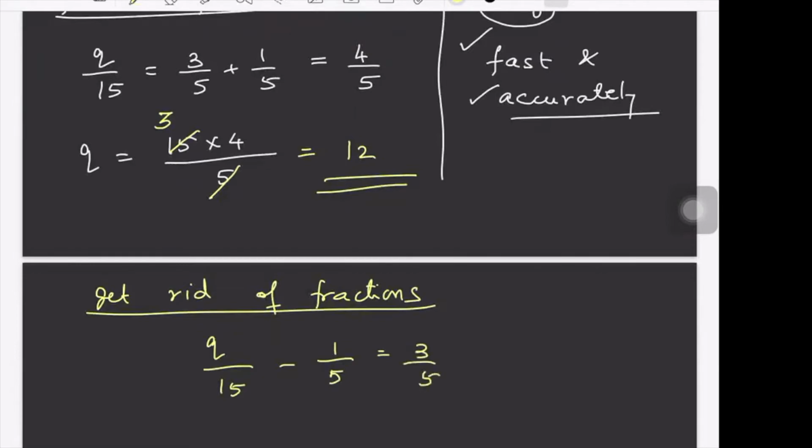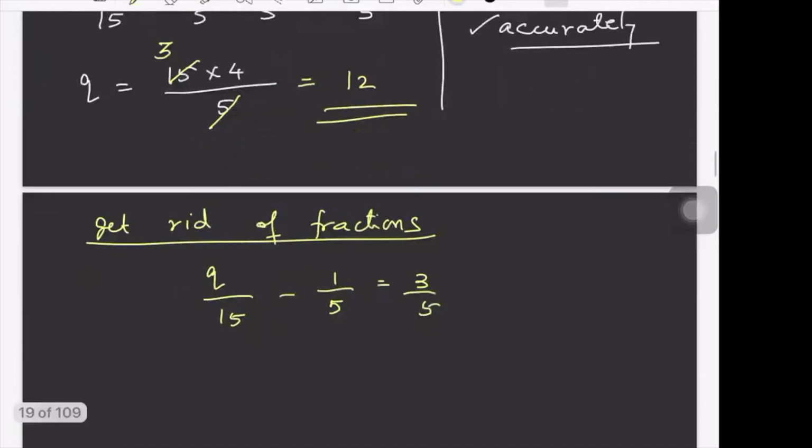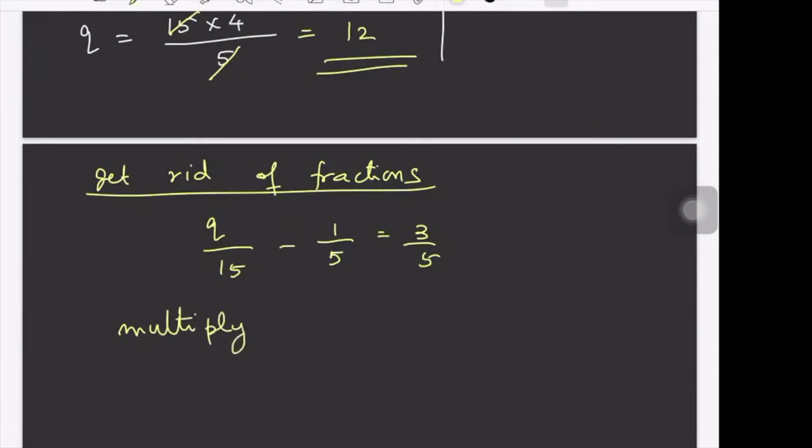So the idea is you have to multiply the entire expression, both LHS and RHS, by the LCM, the least common multiple of the denominators.